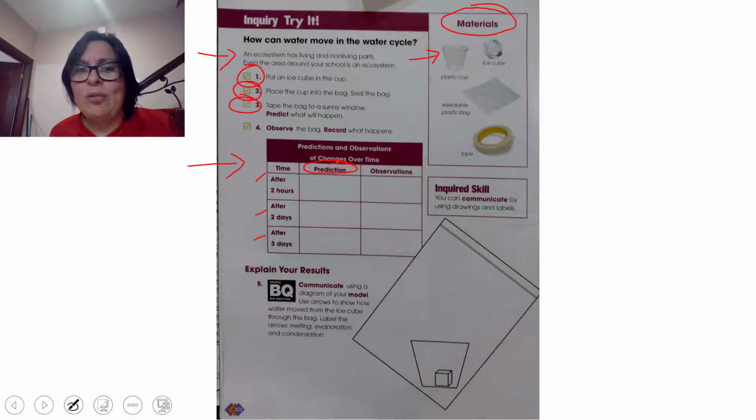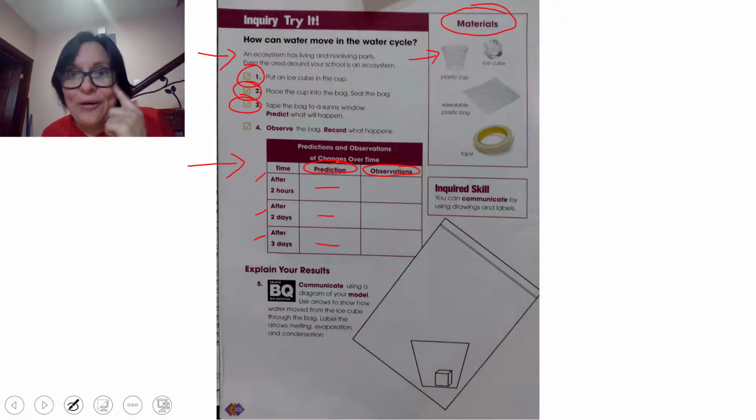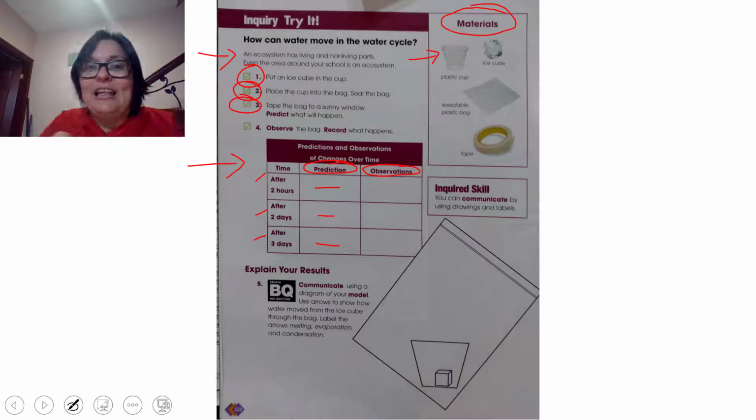What do you think is going to happen with the water? So I want you, immediately when you paste the bag in the window, to make the predictions, for after 2 hours, after 2 days, and after 3 days. So write your predictions. Then you are going to watch your clock, your watch, and you are going to observe your bag after 2 hours.